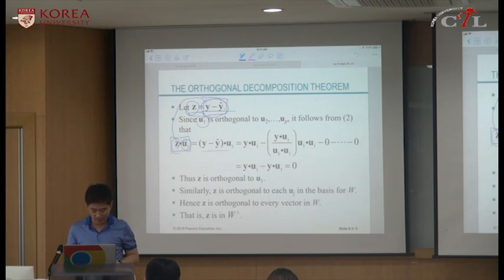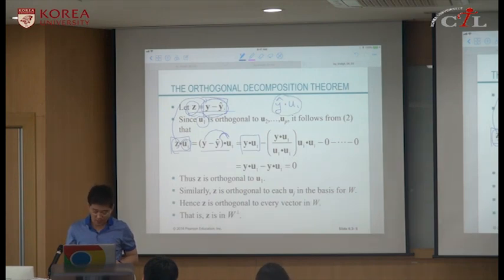And then we write it. This term is y dot u1, and then what about this term, y hat dot u1? How do we compute this?